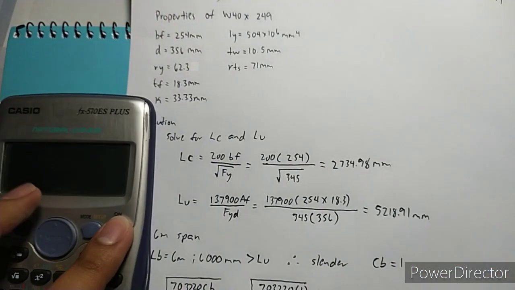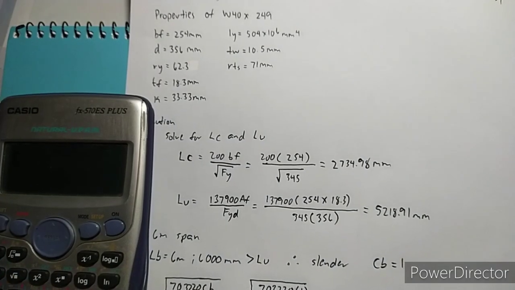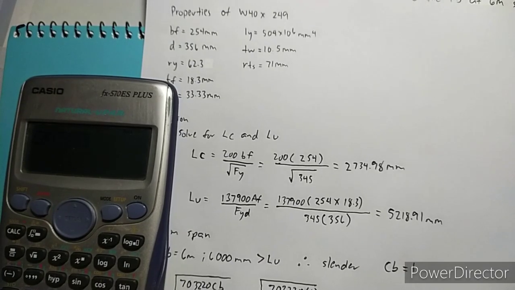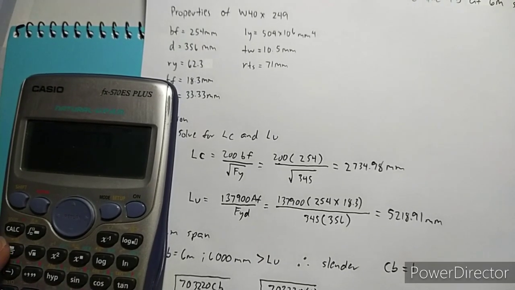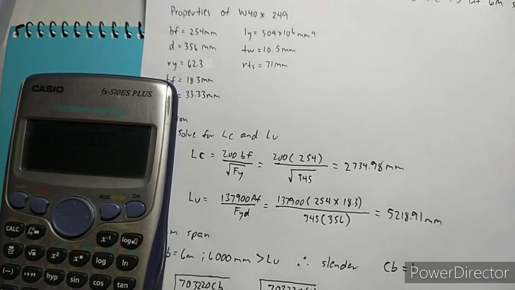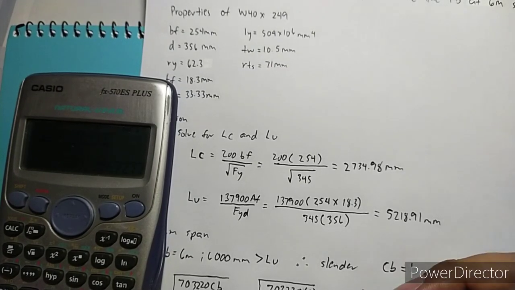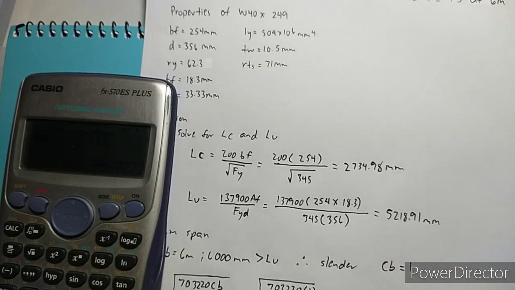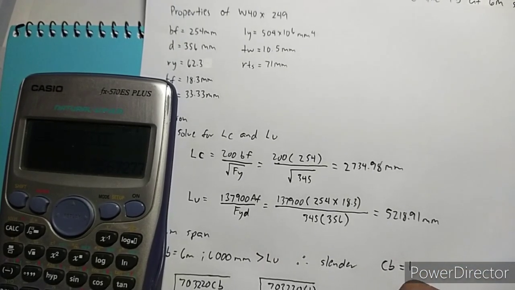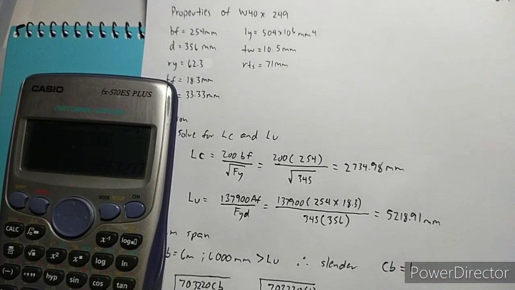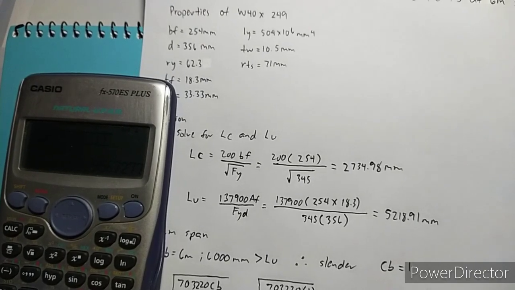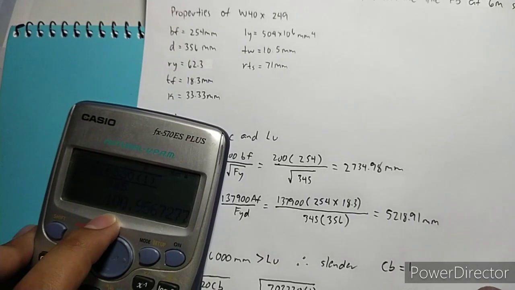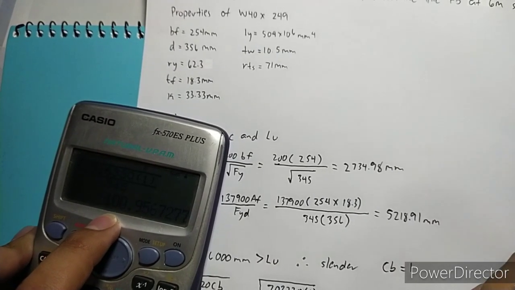And next, 3,516,330 multiplied by CB na 1 all over the Fy na 345 is equals to 100.96.